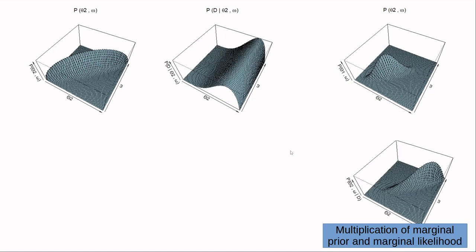However, in the case of theta 2, this is what we would get if we were simply multiplying those. This one is the actual posterior distribution. Again, the right way to do this is not simply multiplying the marginal prior and the marginal likelihood, but to go to the full joint probability distribution. And then once you have done the calculations there, you marginalize it.